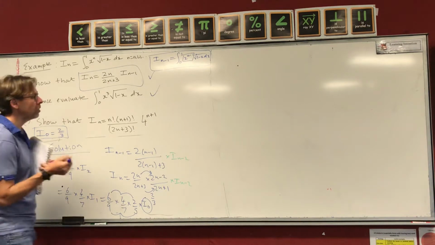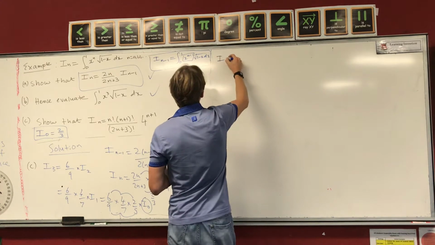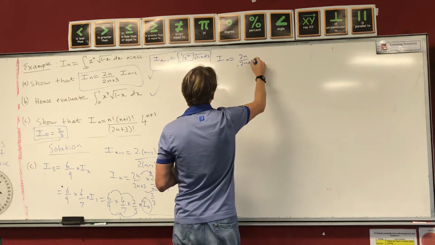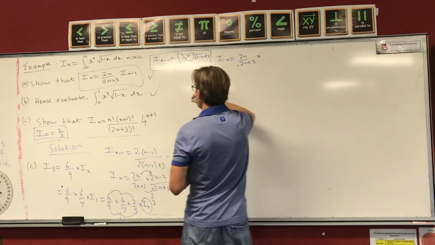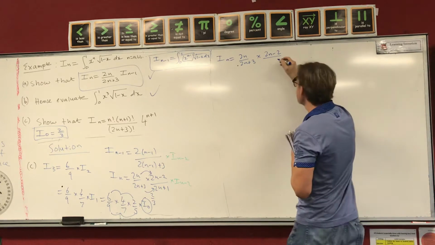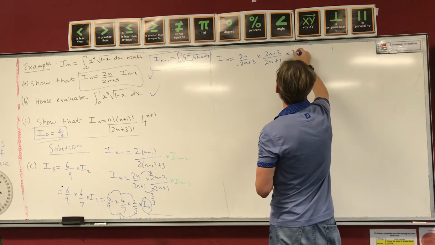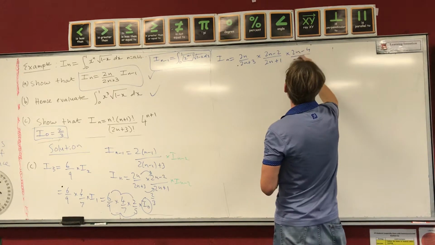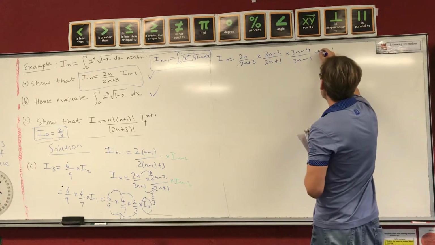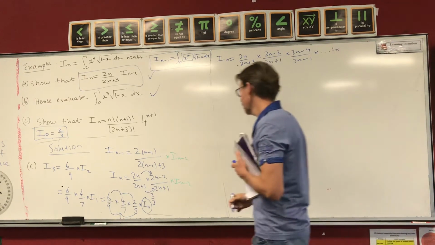So let's have a look. If I'm starting with I n, I've got 2n over 2n plus 3. Now we're stepping down by 2s, aren't we? So 2n minus 2 is the next one, and then 2n plus 1. Then 2n minus 4 over 2n minus 1. So we're stepping down by 2s, and we're going to go all the way down to what?